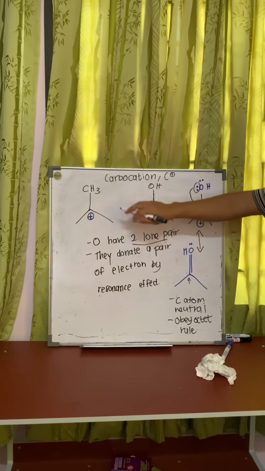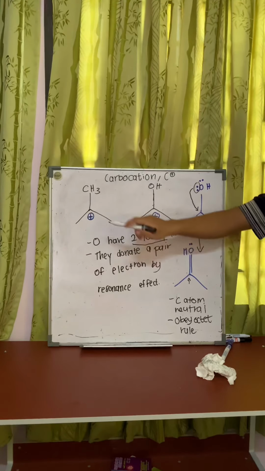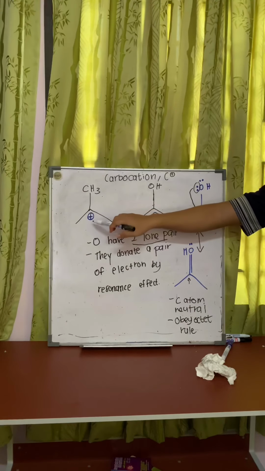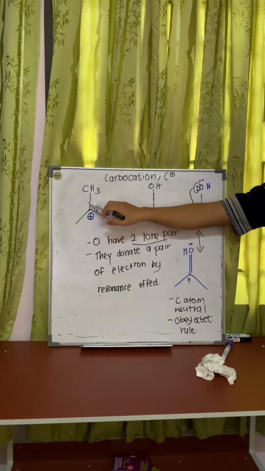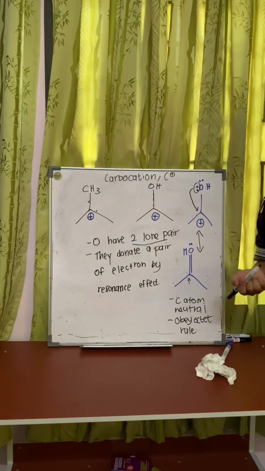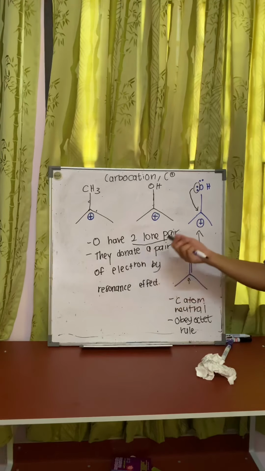Whereas here, they have no resonance effect, because you can see the carbon has 3 bonds and 6 electrons, which does not obey the octet rule. So this is the resonance effect.